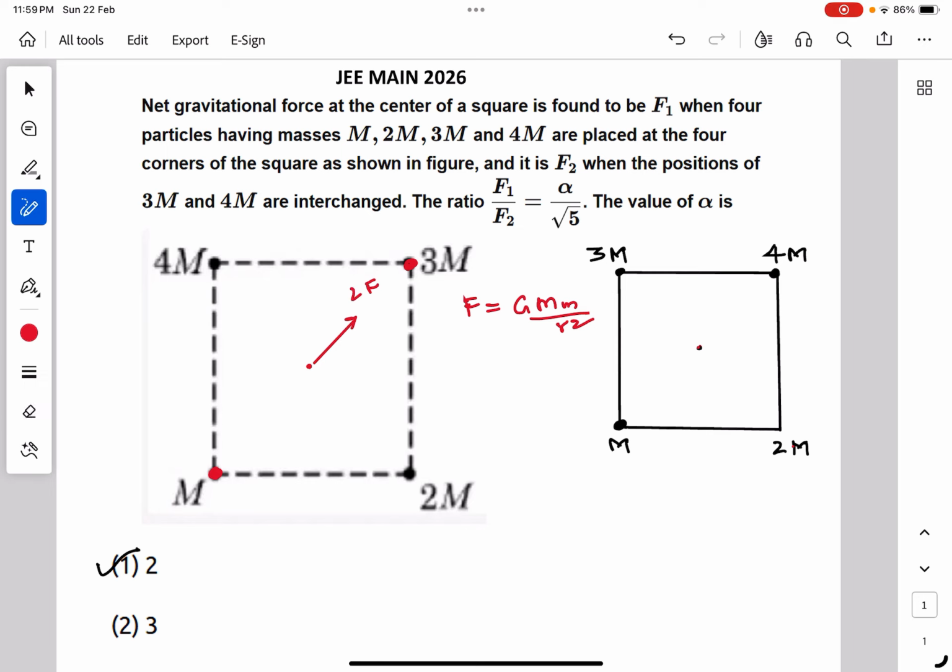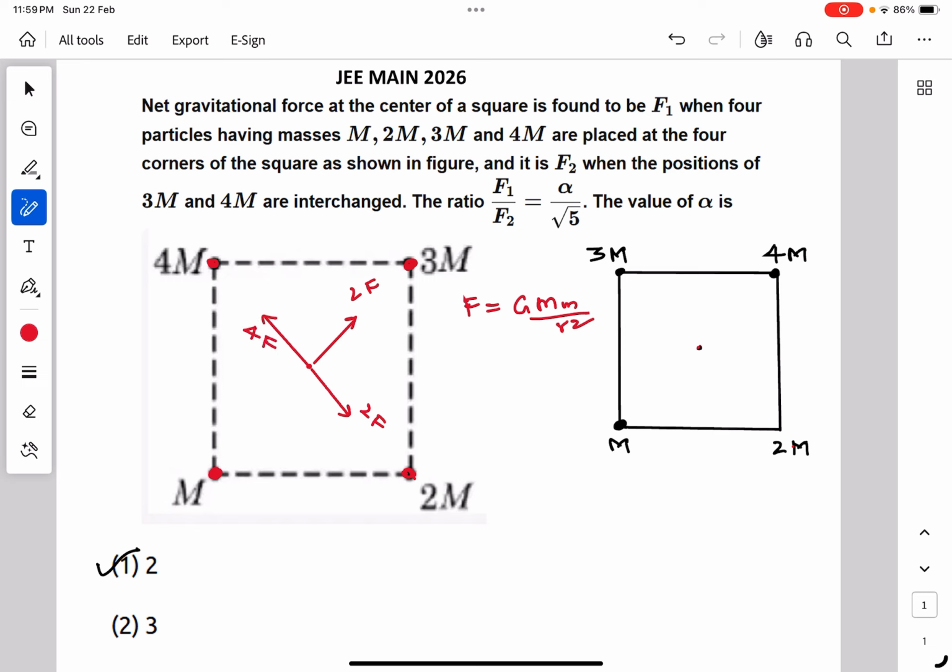Similarly, force due to this particle of mass 2m would be 2F in this direction, and force due to this particle of mass 4m would be in this direction, and this would be 4F.